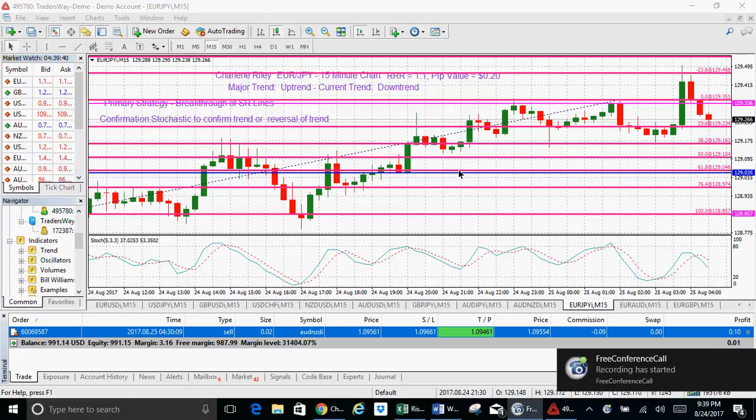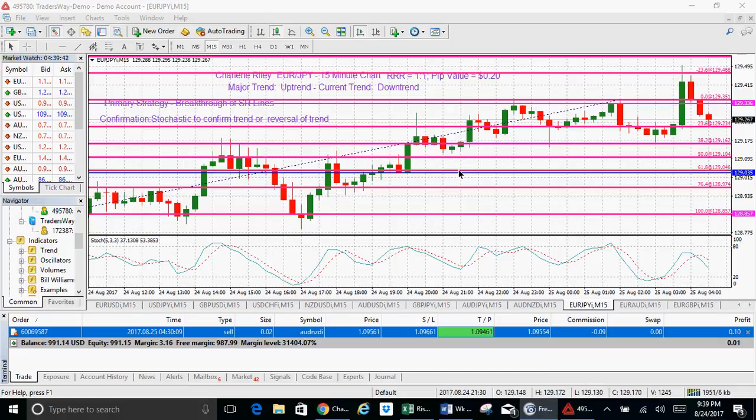So now here on the Euro JPY, for my trade setup, I am looking for a break below the 129.234 to continue the downtrend. Or if we're having a reversal, I'd be looking for a break above the 129.351 line.